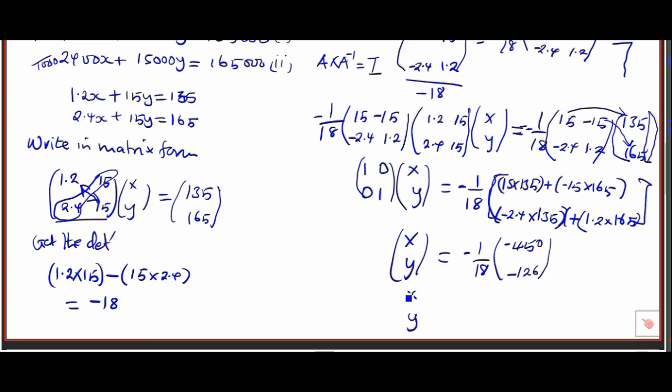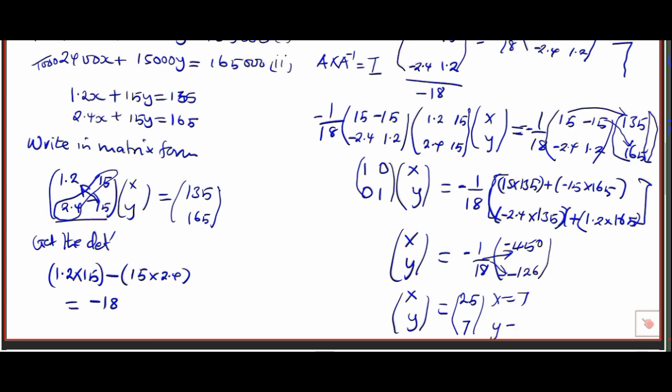Now, from which our x, y is equal to, multiply negative 1 over 18 by everything inside the matrix, which is called scalar multiplication. So you multiply negative 1 over 18 by negative 450, you shall get a positive 25. And if you multiply by negative 126, you shall get a positive 7.